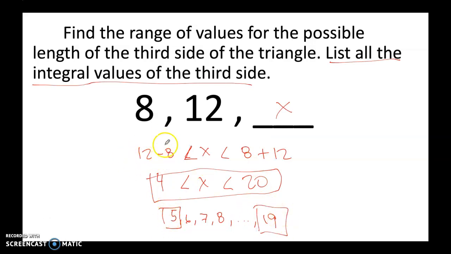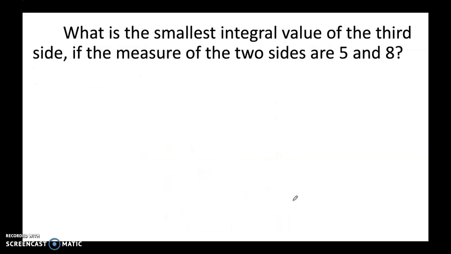We subtract the two given measures, and that will be 4 less than x, meaning the value of x is equal to 5. That gives the smallest measure, and this will be the longest side.